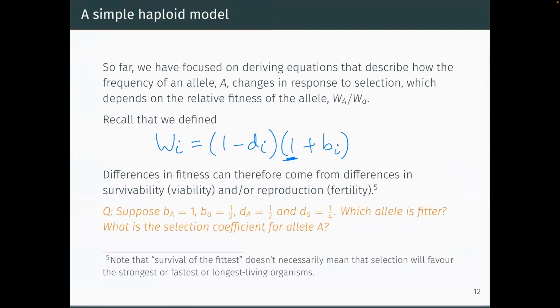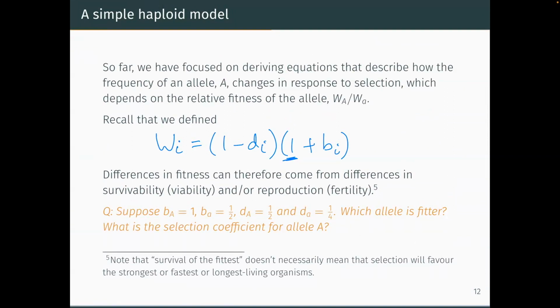If you remember on Monday, we talked about the survival of the fittest and how that survival aspect can be a little bit misleading. We think too much about survival, we just think about this first factor here, the 1 minus d_i, right? What's surviving to the next generation. But fitness crucially depends on what's being reproduced as well. So there's no point surviving if you're not reproducing.